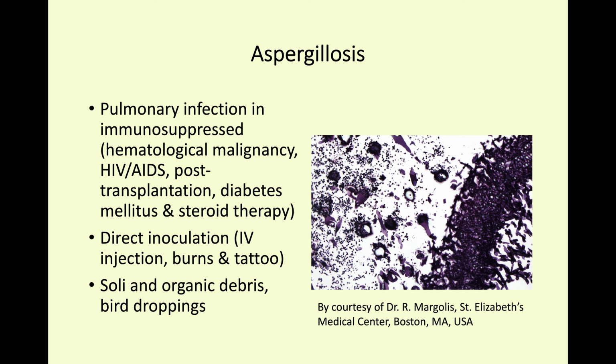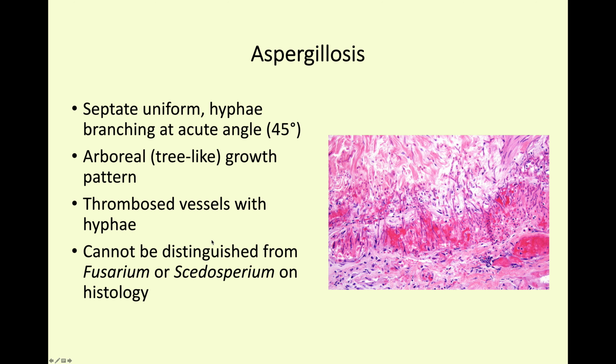And it's a problem. It's a ubiquitous fungus. I apologize for the spelling mistake there. That should have read soil and organic debris. And as many of you know, it's commonly present in bird droppings, particularly pigeons. And this is a lovely example on the right. It's showing intravascular hyphae extending outwards into the dermis.